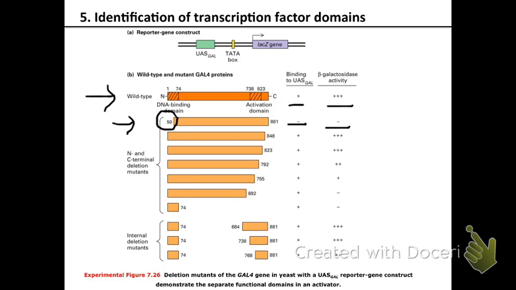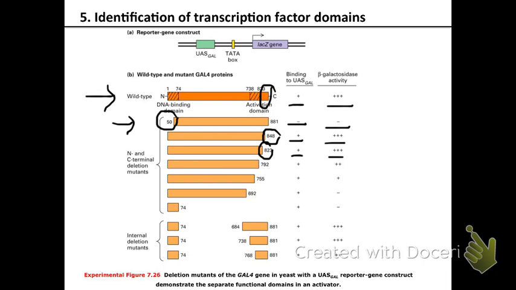Because we know the N-terminal is probably going to bind the DNA, and cut the protein into smaller and smaller pieces. So you make a truncated protein that's a little bit smaller, and you find that did not affect the binding or the activation. You make a little bit more deletion. It still did not make any difference. So you know, okay, these regions of the protein are not important for the activation.